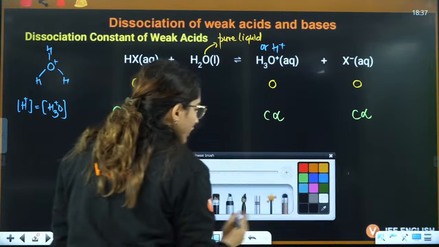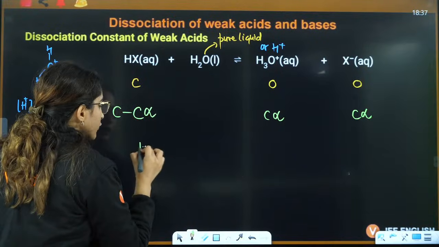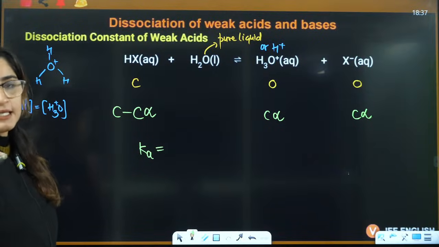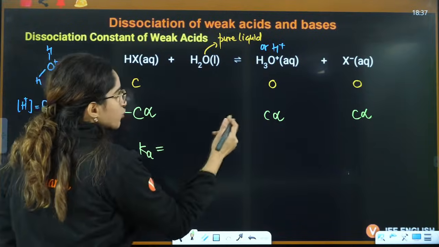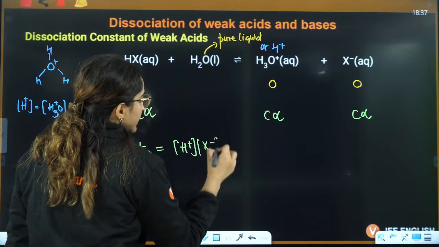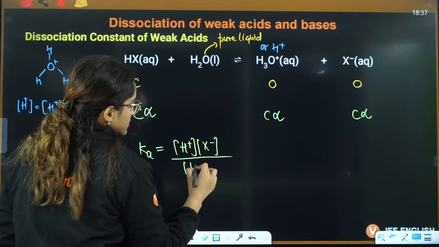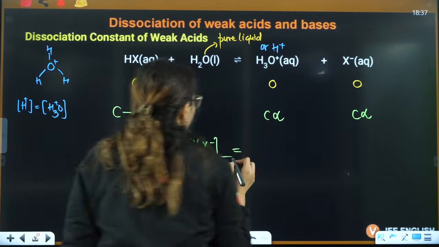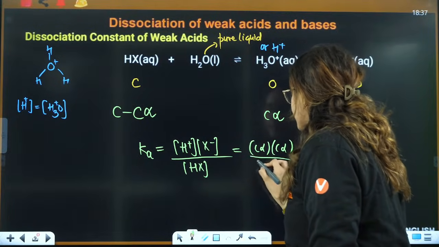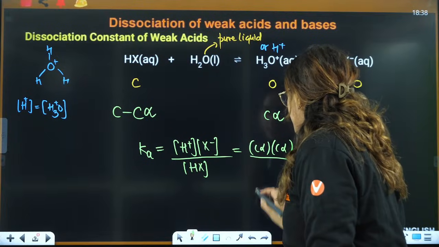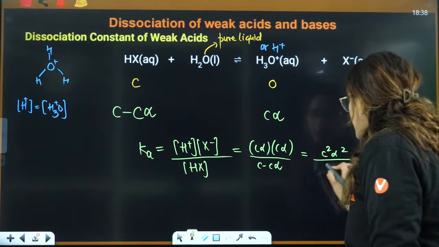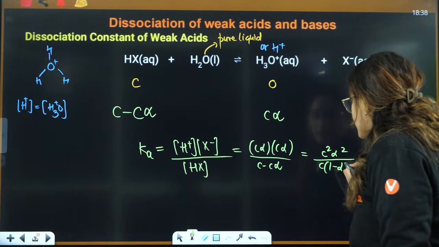For an acid we have Ka, the dissociation constant of the acid. Ka equals [H+] [X-] divided by [HX], that is C alpha into C alpha divided by C minus C alpha, so C squared alpha squared over C(1 minus alpha).